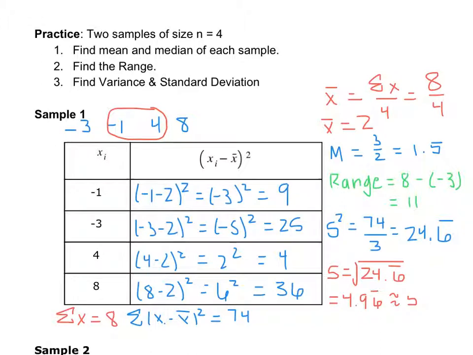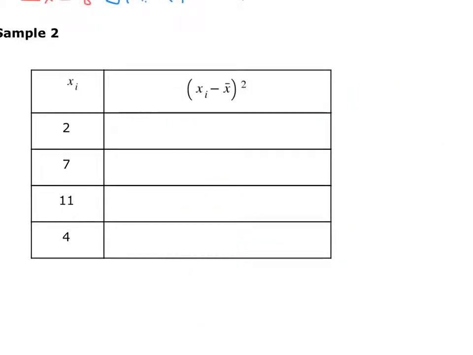So we get 5.0 for our standard deviation. Okay, for our next example, I would suggest you pause the video, work this out, and then come back and check your work.